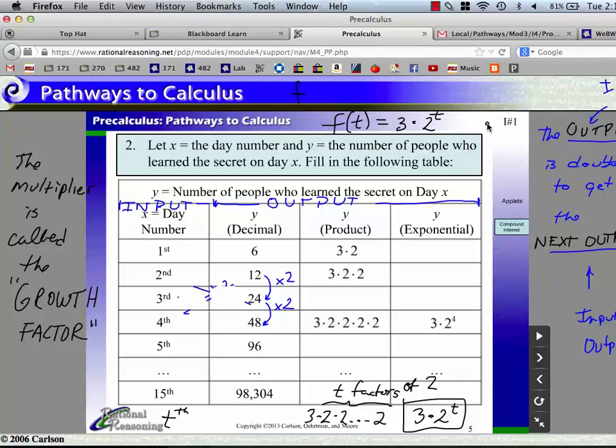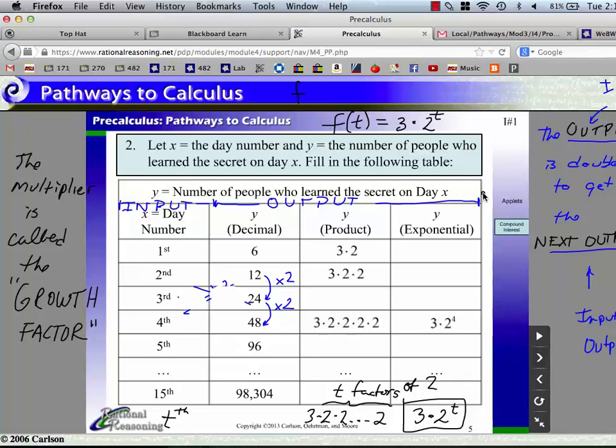So if we wanted f of 100, what would f of 100 represent? If I wrote f of 100, what would it mean? Nina? It would mean 3 times 2, 100 times. Okay, so 3 times 2, 100 times? No, 2 doubled 100 times.